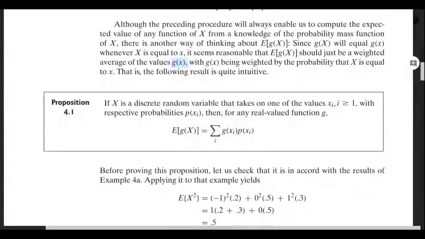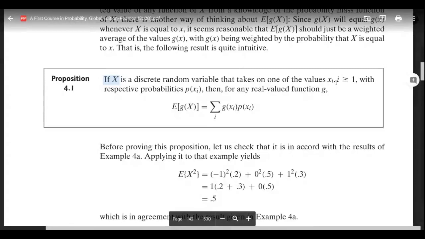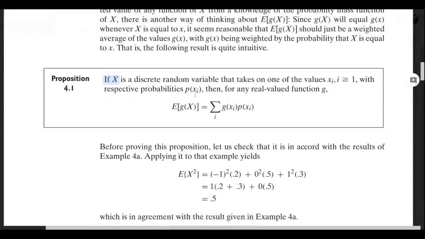Okay, proposition. If X is a discrete random variable that takes on one of the values x_i, i greater than or equal to 1, so in this case this discrete random variable takes infinitely many values, with respective probabilities p of x_i.